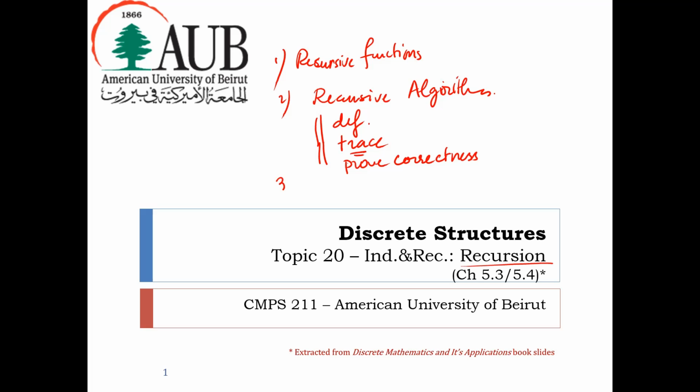And later on, we will see a couple of interesting examples, just in case you didn't see them, about recursive algorithms, namely the binary search algorithm, and later on the merge sorting algorithm, which is really important. Okay, so let's start with the first part.